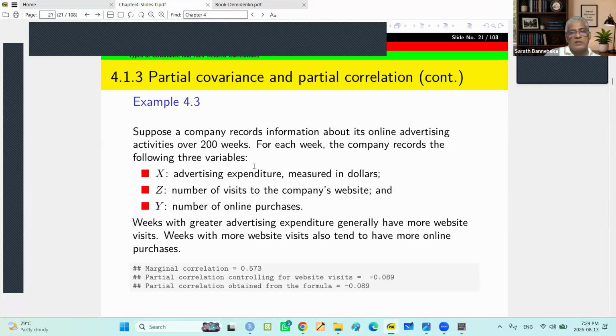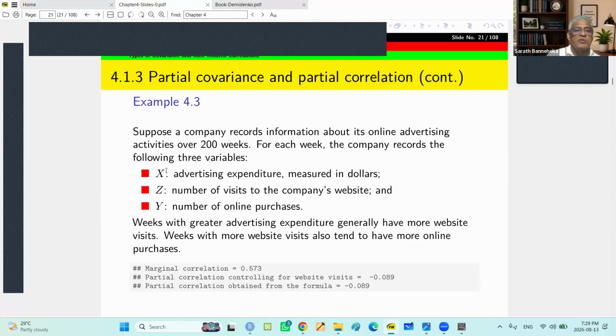Again, this is an example with some generated data. It's not a theory. We are not dealing with a theoretical situation here, so we are looking at the corresponding sample quantities. Here we are looking at the marginal correlation.